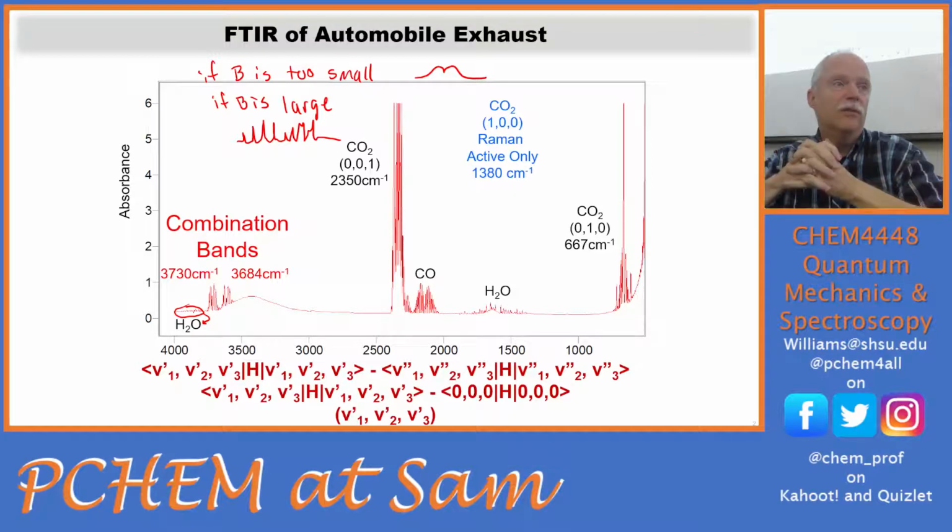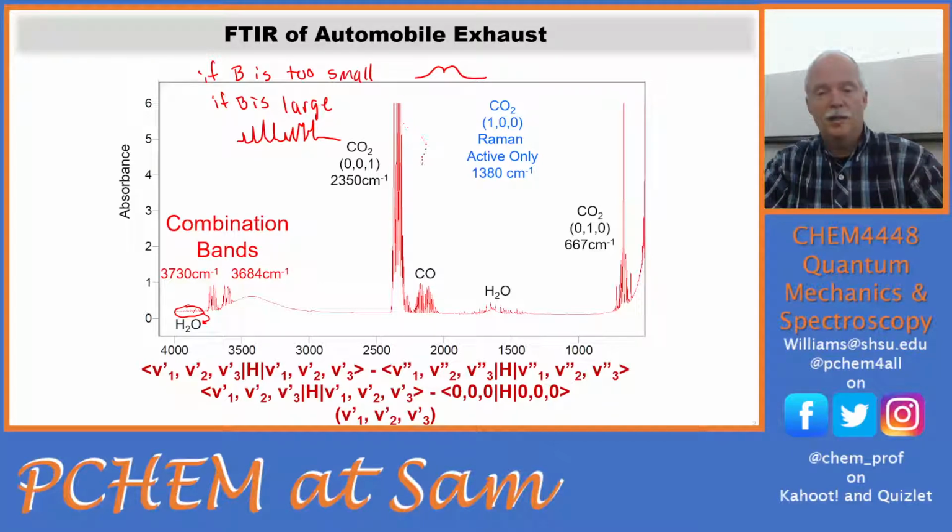So they're CO2. There's other things in here: there's water, there's carbon monoxide, maybe it's some complex or something like that. But if we look at carbon monoxide only, we don't see these. If we look at water only, we don't see those. So we put CO2 in the cell and these show up. So these are definitely CO2 vibrations.